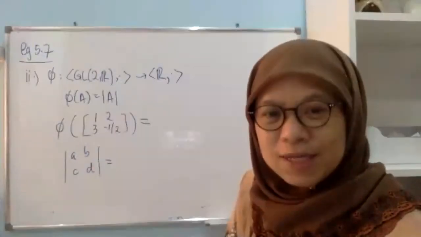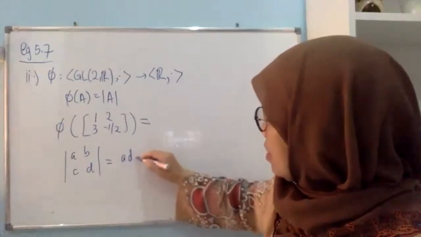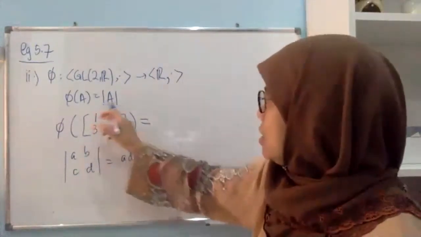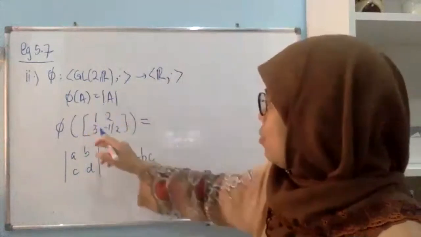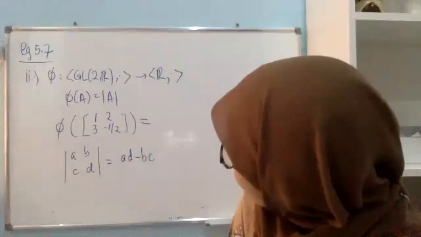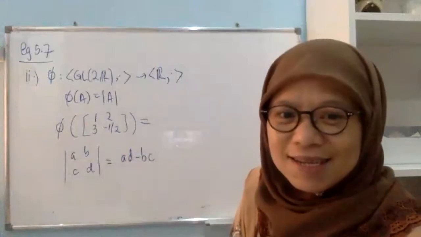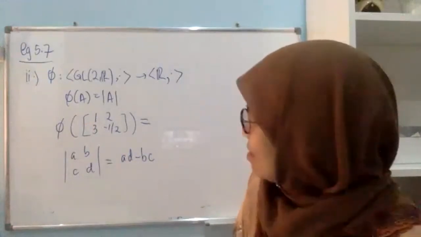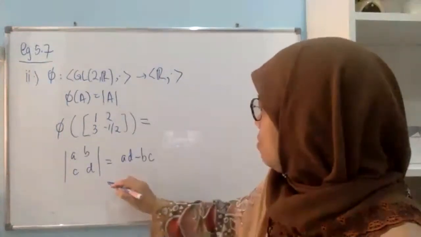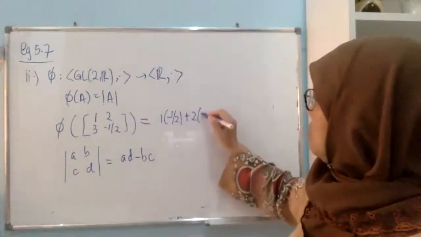Yes. What is it? AD minus BC. Okay, this is the determinant. What is the determinant of this? You multiply 1 with negative a half, and then add 2 multiplied by 3. So the answer will be 1 times negative a half plus 2 times 3.